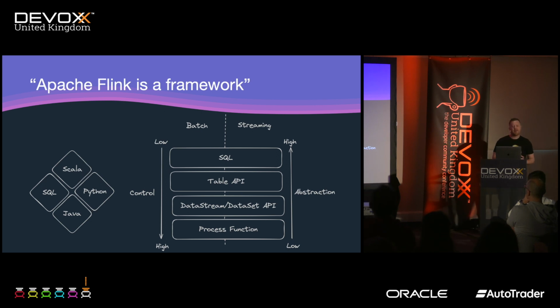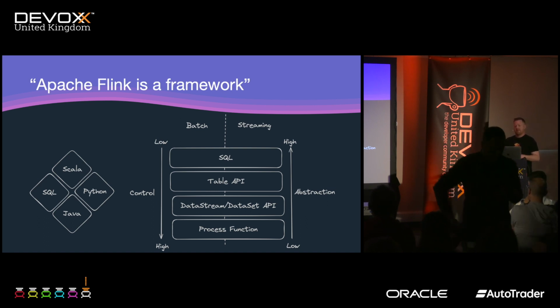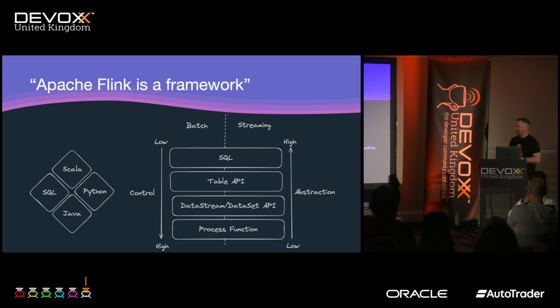And then for the actual APIs we invoke from these languages, there are various layers. At the top end, we have SQL. We then have a table API, which is more like a statement set type, if you're familiar with Hibernate. Then we have a data stream data set API, and this is where Flink gives you some Java operators, similar to a Java 8 stream, where you might filter, map, print, for example.